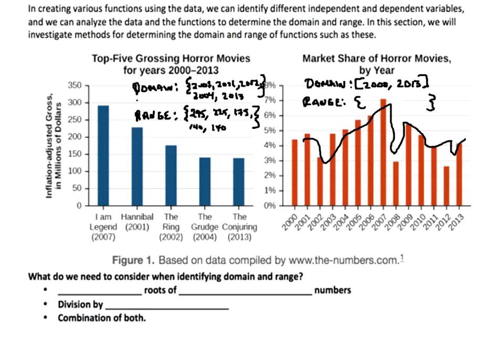Okay, so what do we have to be careful of when we are trying to identify domain and range when it comes to looking at equations and things like that? We have to be careful, and we'll revisit this idea later in the lesson. We have to be careful about square root of negative numbers, because this is going to produce an imaginary number.